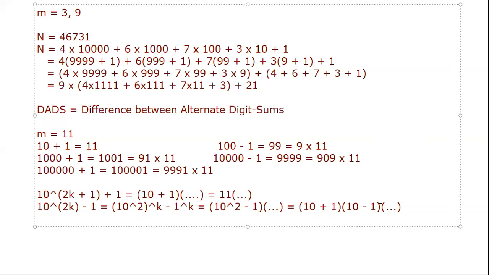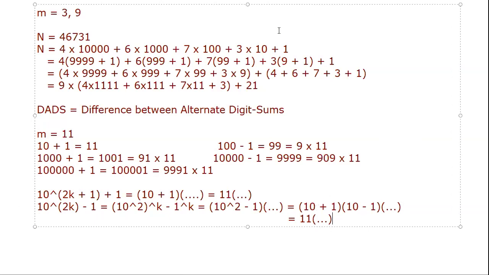So we end up getting 11 times something. So for the odd powers of 10 we need to add 1, and for the even powers of 10 we need to subtract 1.